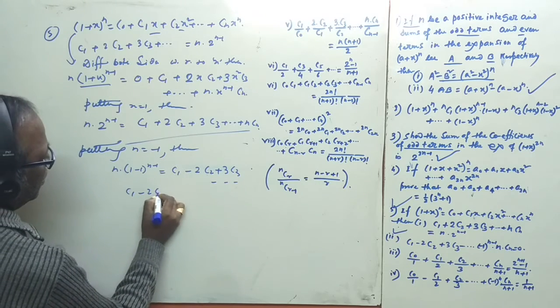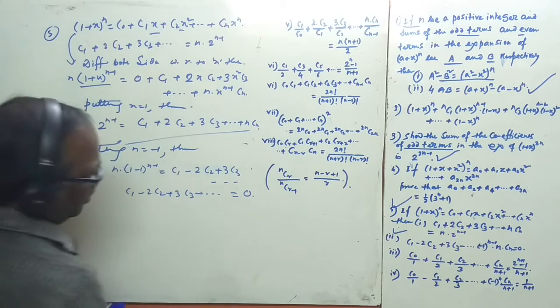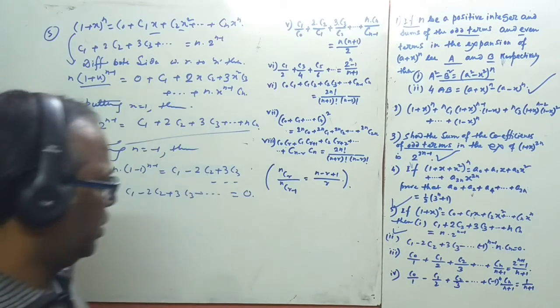So C1 - 2C2 + 3C3 - ... is equal to 0 here. So question number 2 is done here.